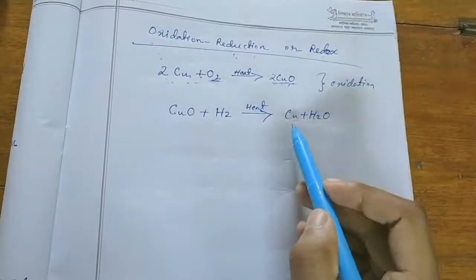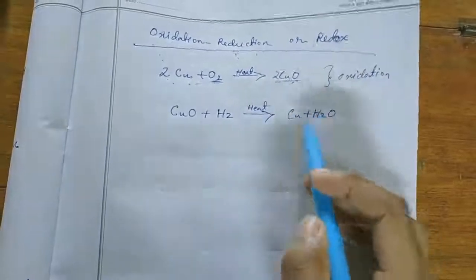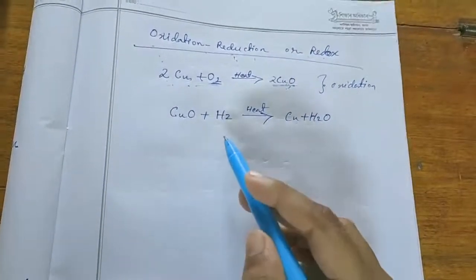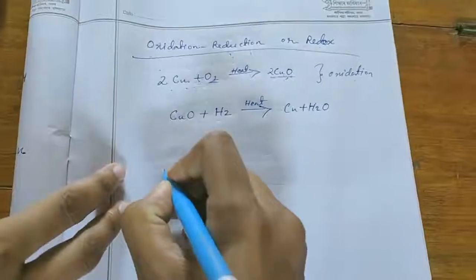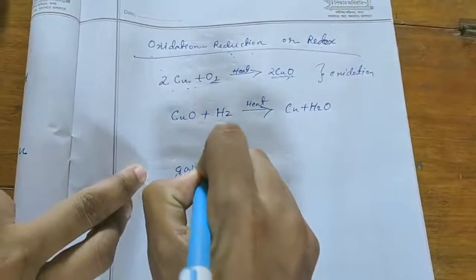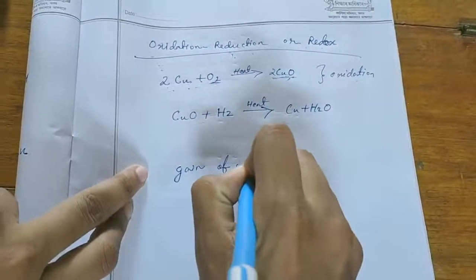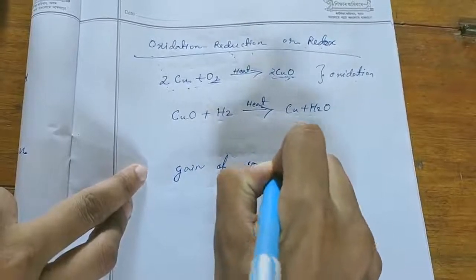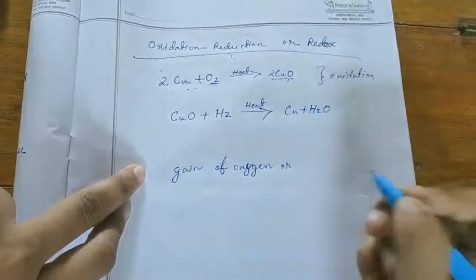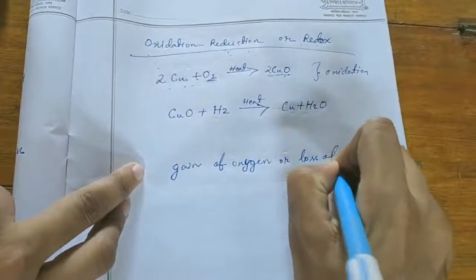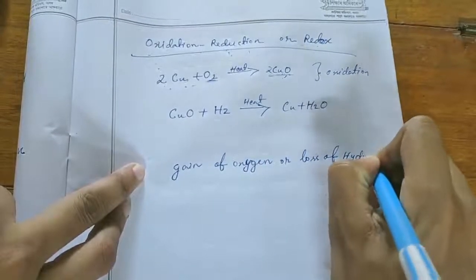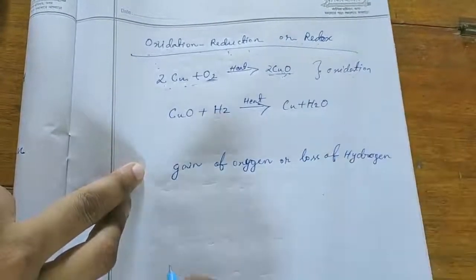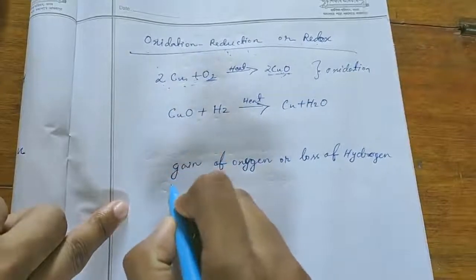Then when loss of oxygen happens, I will write it: gain of oxygen or loss of hydrogen, this is oxidation.